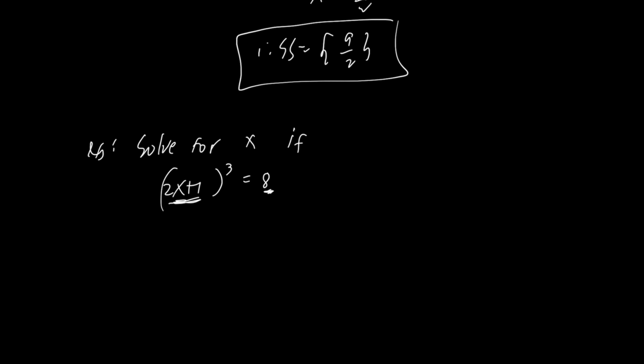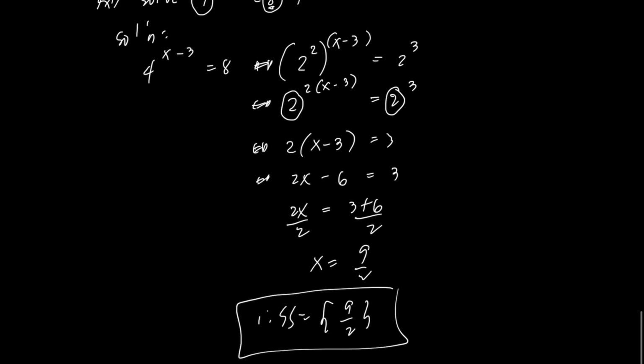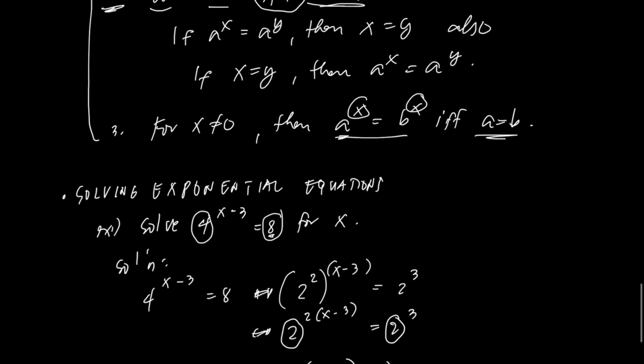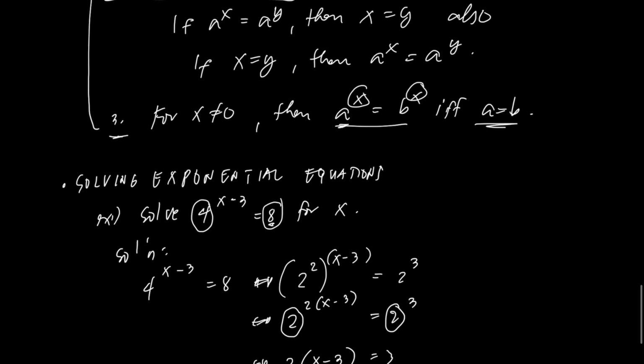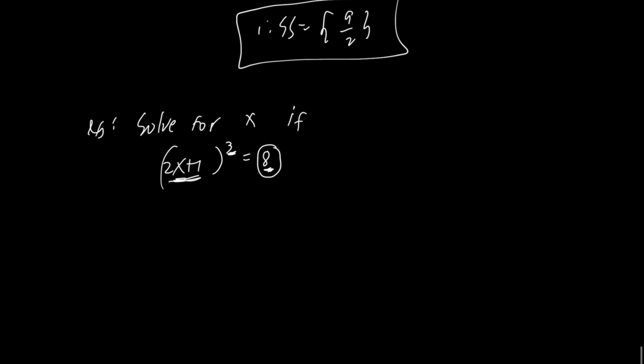So we will find ways that we can express this 8 where the exponent is 3, so that it is the same with the exponent of 2x plus 1, so that we could apply the third property.